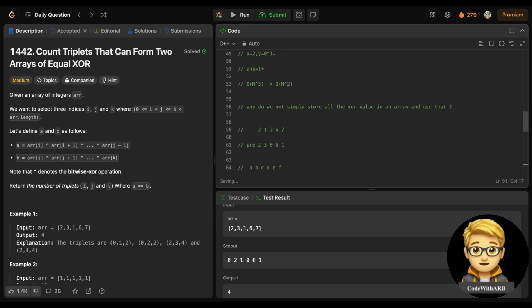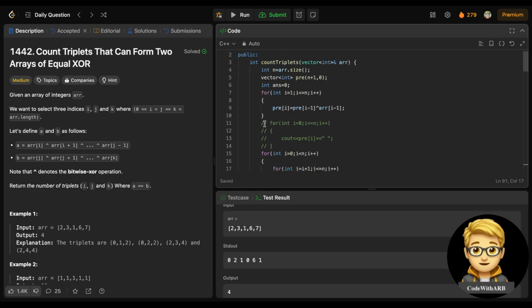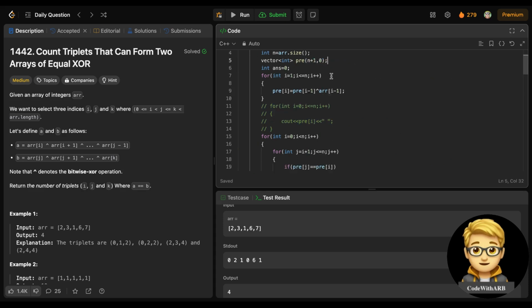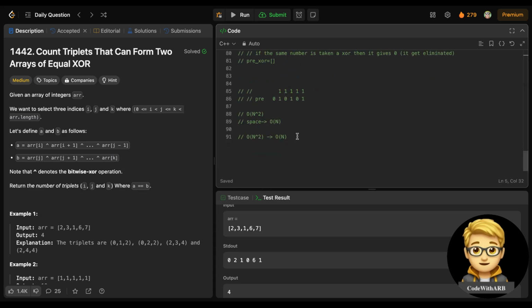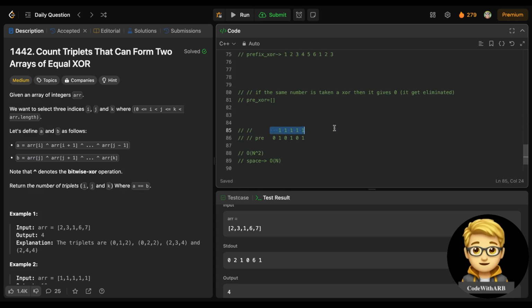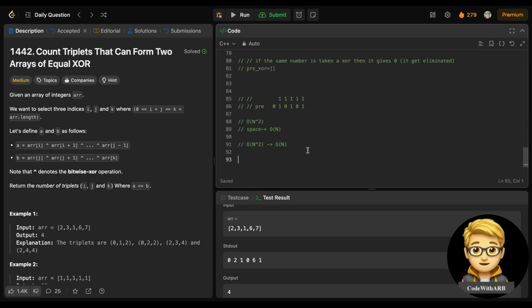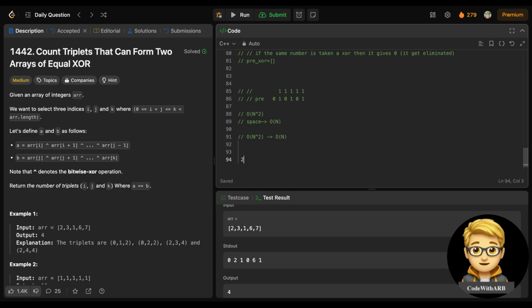So if you see here what we are doing, we are storing this prefix. If you see here, this 1011 example, this one and one, right?